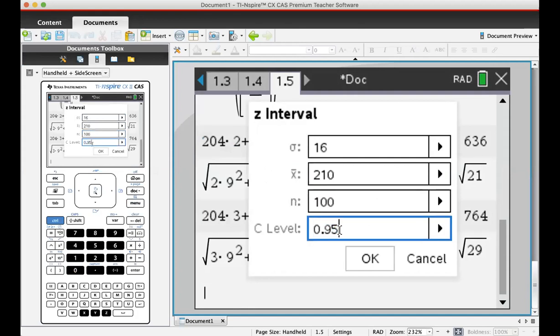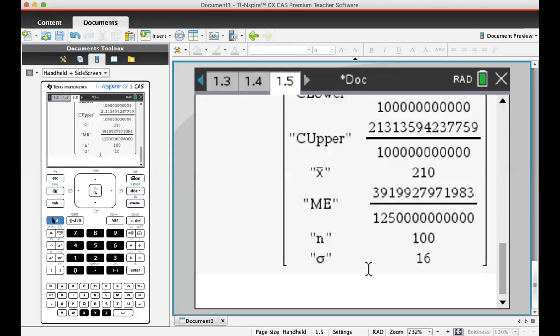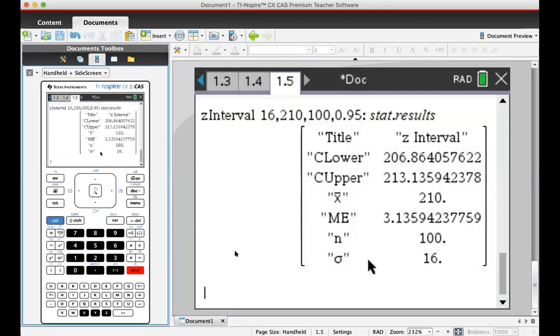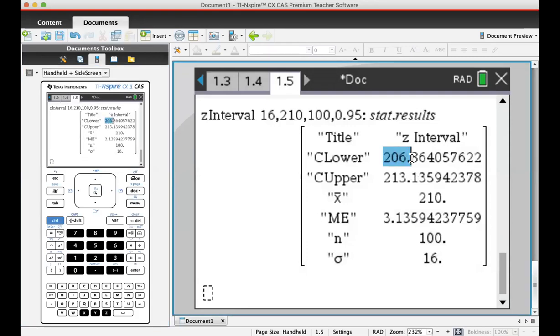Because it's a 95% confidence interval, we just leave the 0.95 alone. Choose OK and hit Control Enter again. It's 206.86, 213.13. Which one should be our correct option? I suppose that's option B. Let me demonstrate how we can use Casio ClassPad.